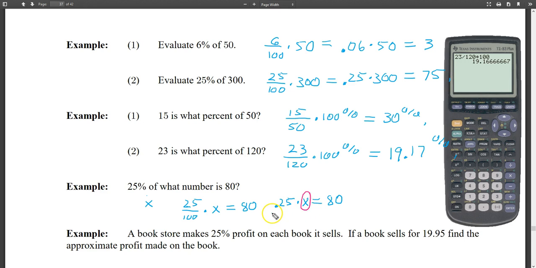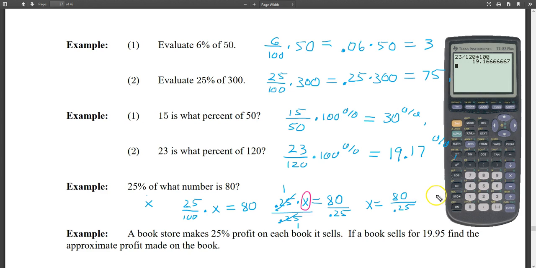So we will divide both sides of the equation by 0.25. Notice how these 0.25s cancel, and that will leave an x on the left-hand side, so we'll get x equals 80 divided by 0.25.